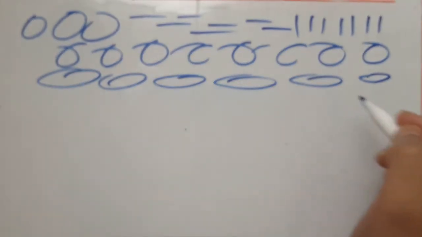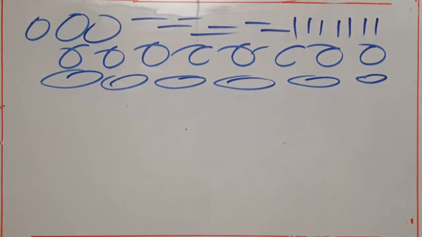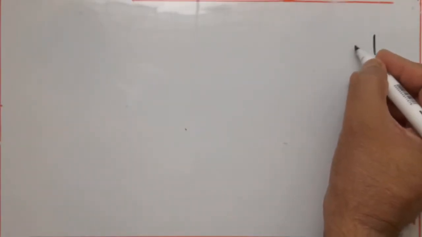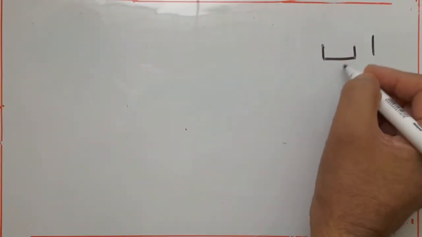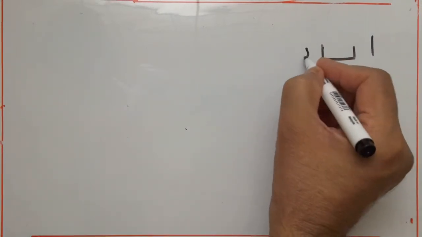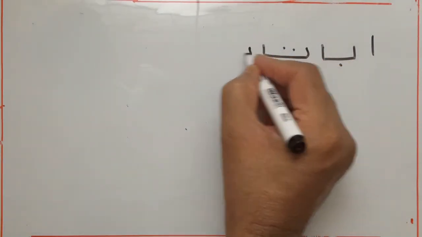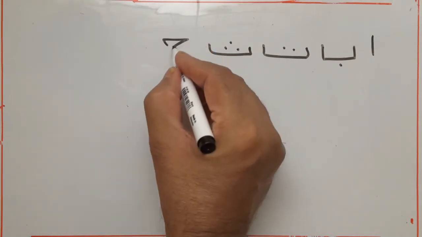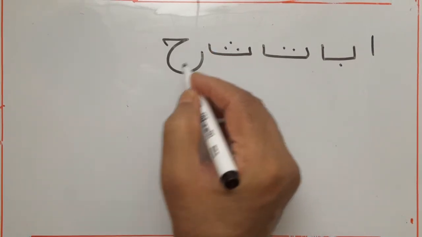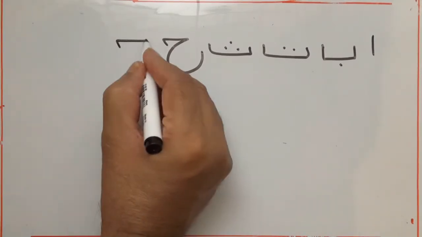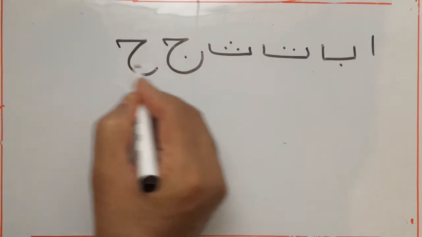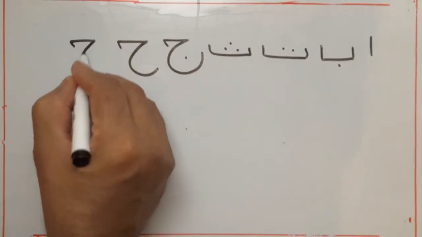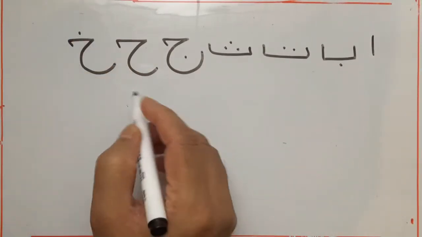Now if you combine all these shapes, the vertical line here becomes alif, for example, and then two vertical lines, and the horizontal becomes a ba and a tha and a sa. A shape like this becomes a jim, a ha, and a kha.